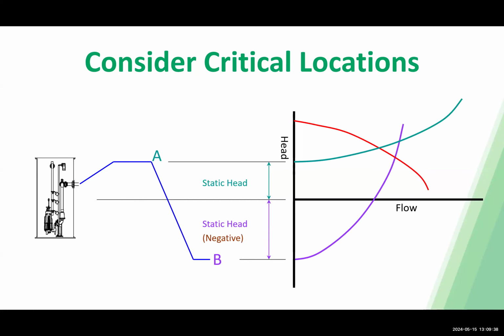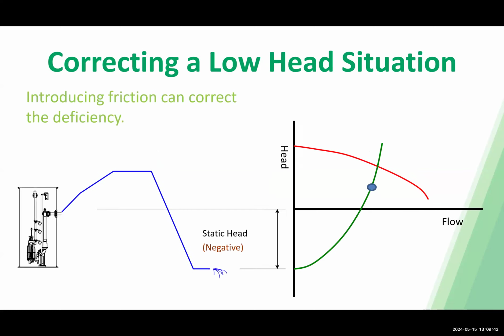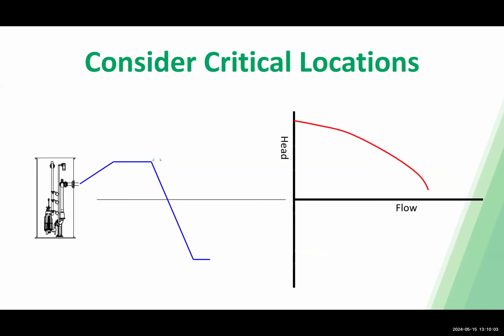But if you had only mapped out the original system, or the high point with this original system head curve, that pump would operate at the beginning from that high point and not overheat. But once it drops down to this system head curve specifically, it will overheat. So it's important to take into consideration all of the critical locations.